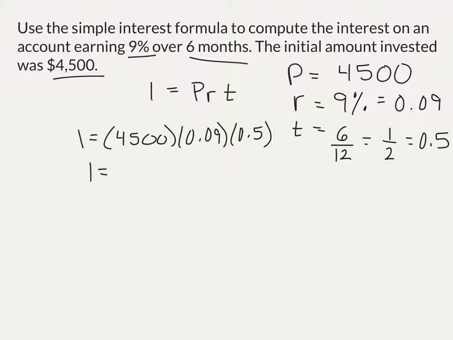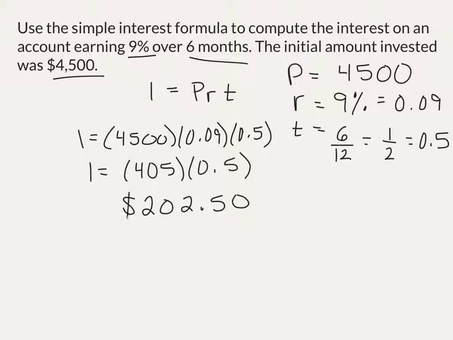So 4,500 times 0.09 gives us a value of 405. 405 times 0.5 is 202.5. So that means that our amount earned is $202.50. This is the interest that was earned on the account.